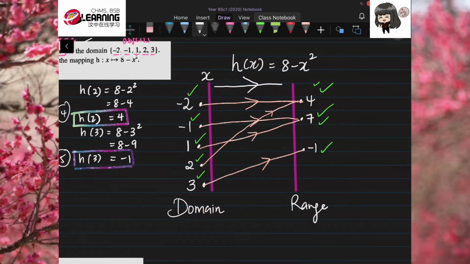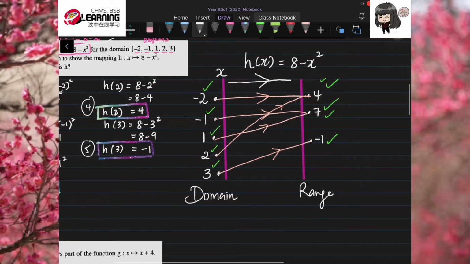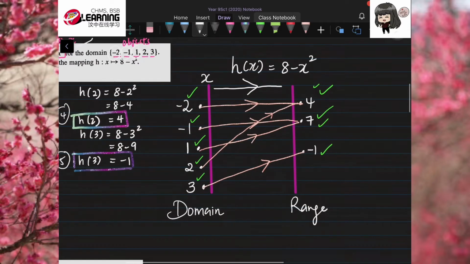And negative 1 and 1 map onto 7, the same 7. So we can know that this is called many to 1. I repeat again.